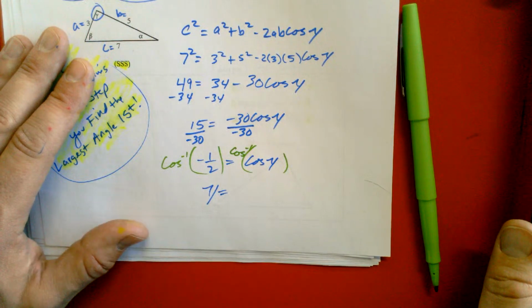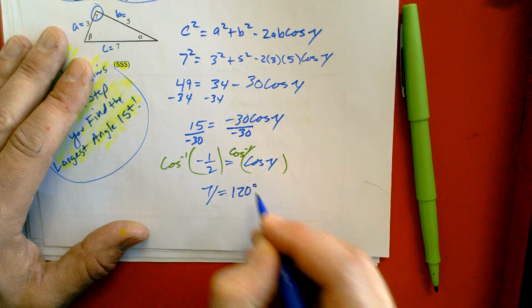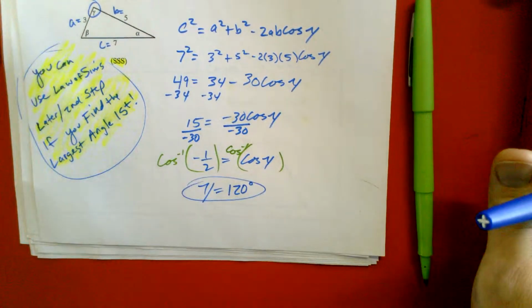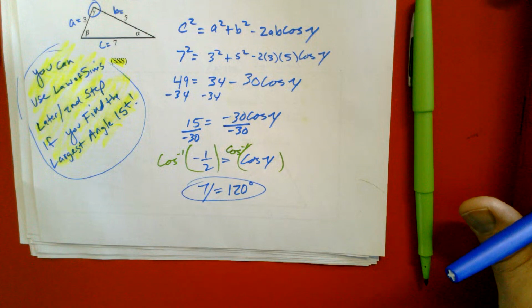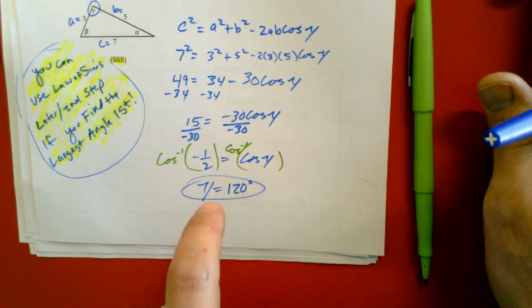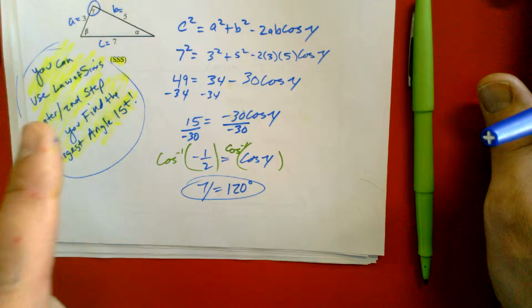That'd be 60 across from that. So that'd be 120 in quadrant 2. So 120 degrees for gamma. Good stuff. Inverse sine would not find that guy. It would find 60, and then you'd have to subtract. That's why we found this guy first, just in case this is an obtuse triangle, which it looks like it is.